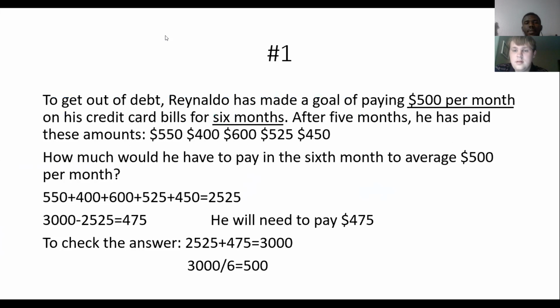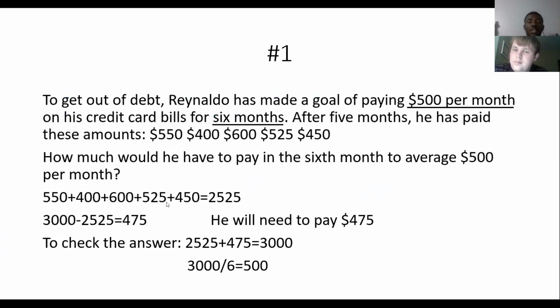Well, as you can see, he's already paid 5 different payments. All we have to do is add these up, and then if he wants to pay $500 per month for 6 months, if you do 500 times 6, it'll give you 3,000. So then we'll add all these numbers up for 5 months, see how much he's missing from the 3,000.